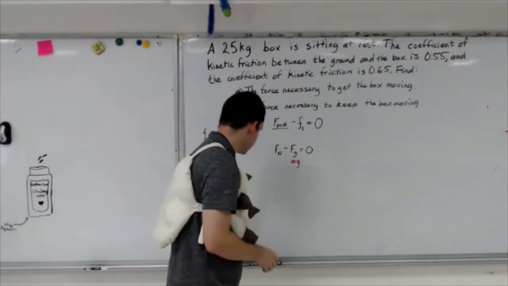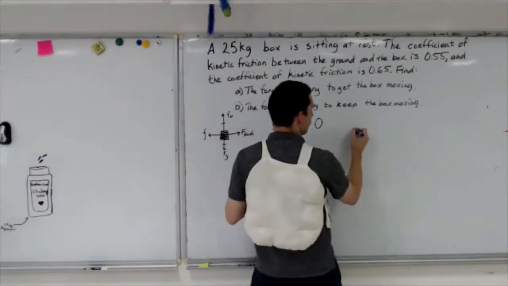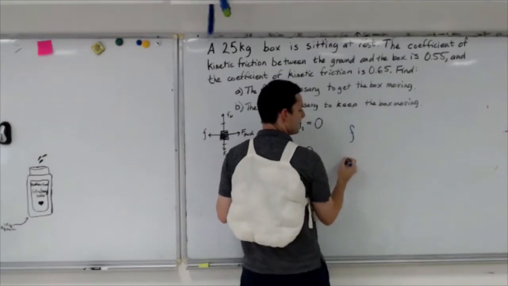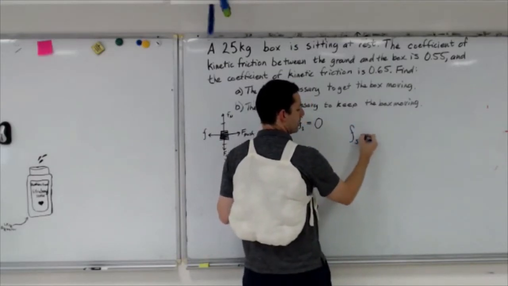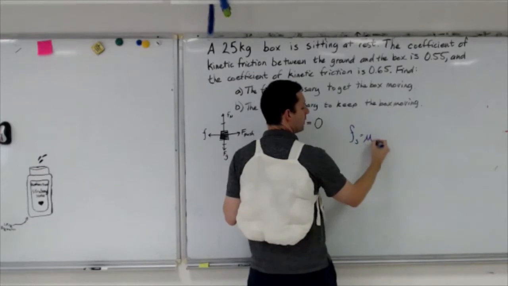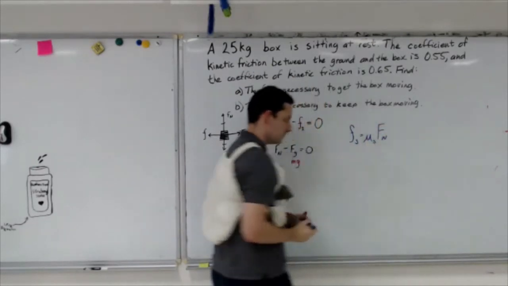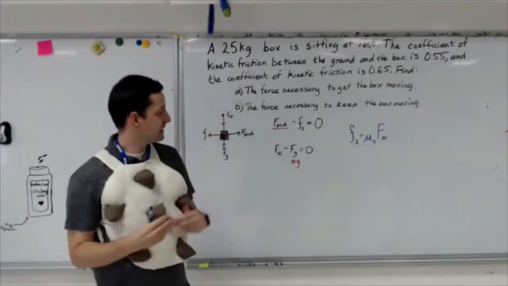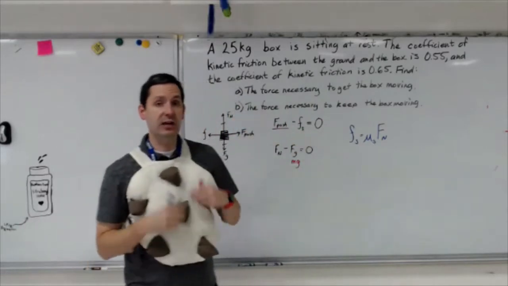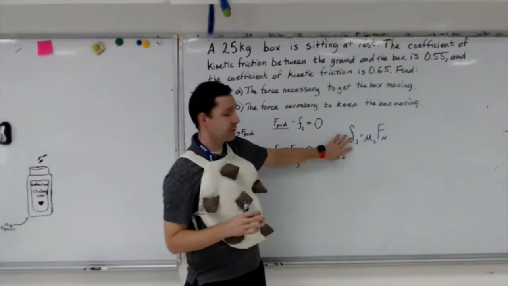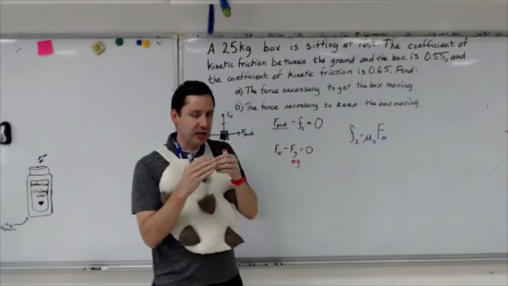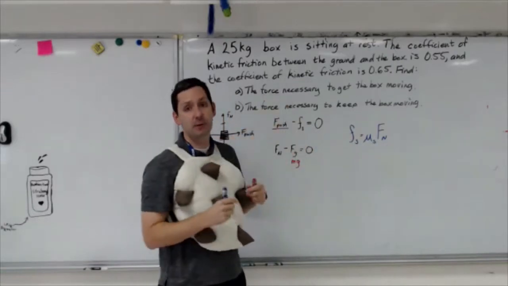Well, you remember our equation from class: the force of friction, in this case the static friction, will be equal to the coefficient of static friction times the normal force. Now, remember, this force of friction can change until it gets up to some maximum value.